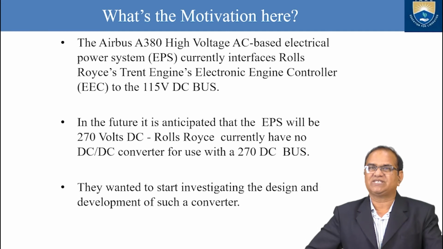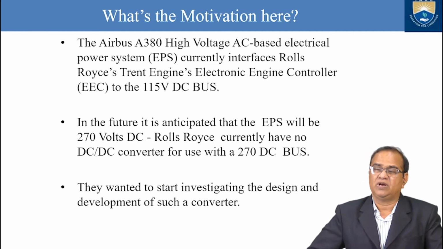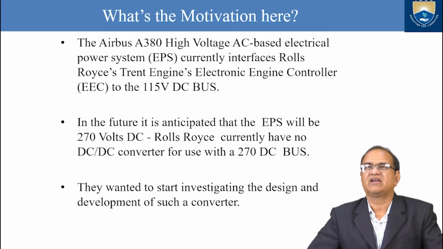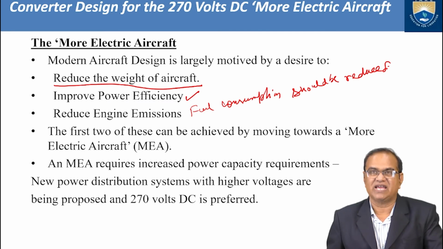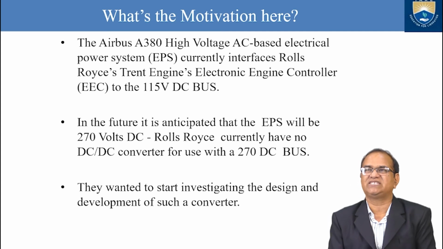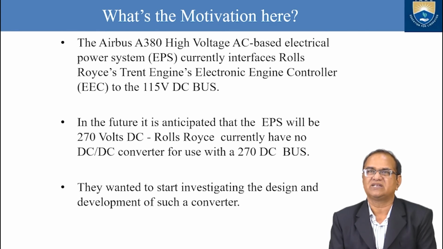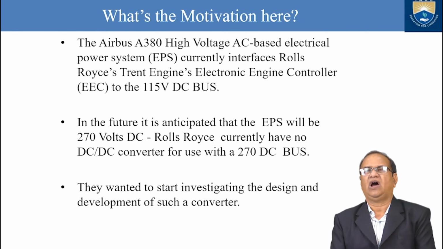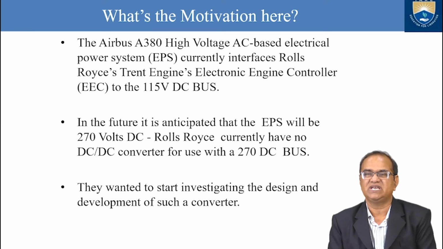What is the motivation here? Why do we want this type of more electric aircraft? The Airbus A380 high voltage AC based electrical power system currently interfaces a Rolls-Royce Trent engine electronic engine controller, that is called EEC, to the 115 volt DC bus.